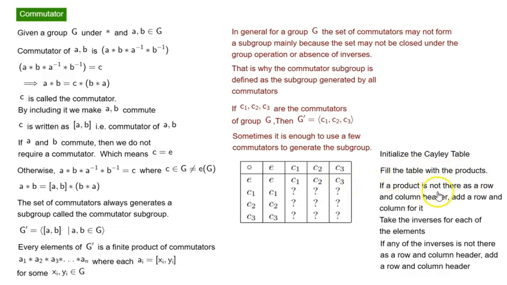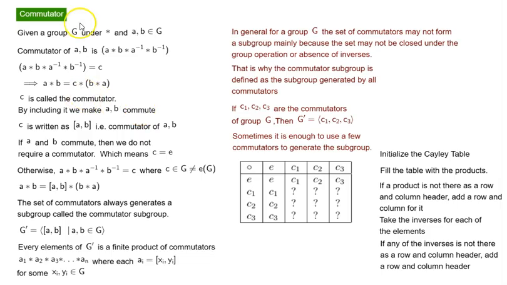By filling the table with the products and adding rows and columns for each of the products that are not there already, we are ensuring the closure based on the group operation. And by taking the inverses for each of the elements, and adding rows and columns if they are not there, we are making sure that it is closed under inverses as well. Associativity, we need not bother about because that is inherited from G itself. Identity anyhow is already there.